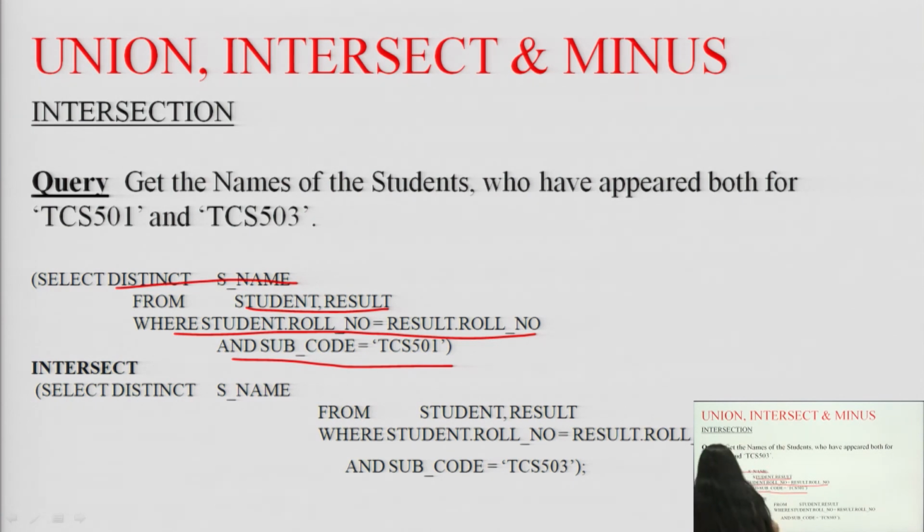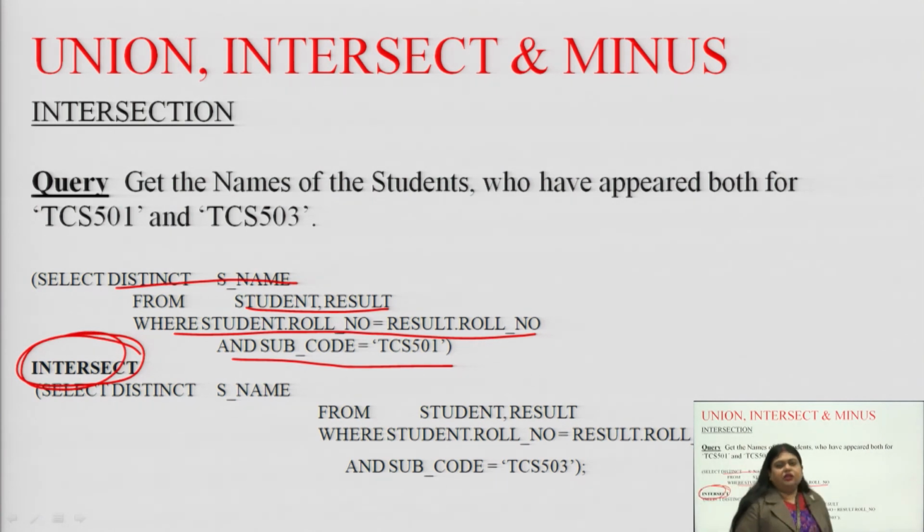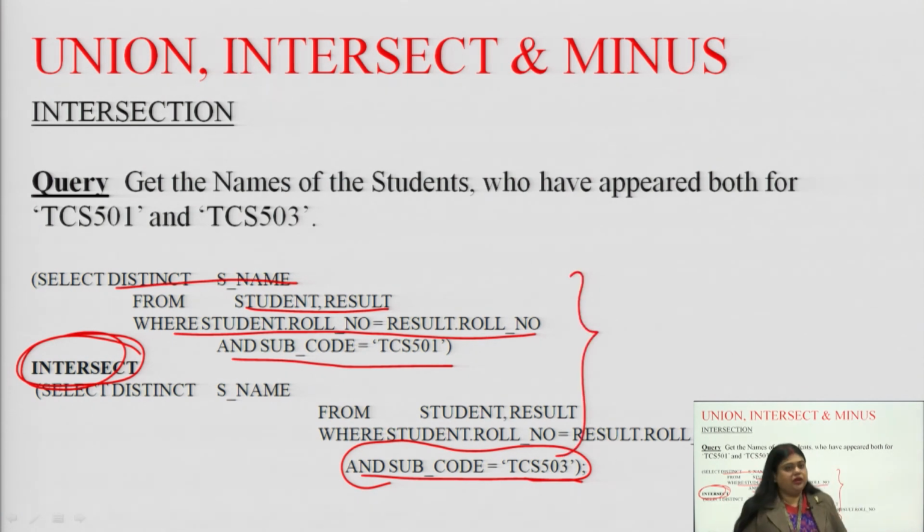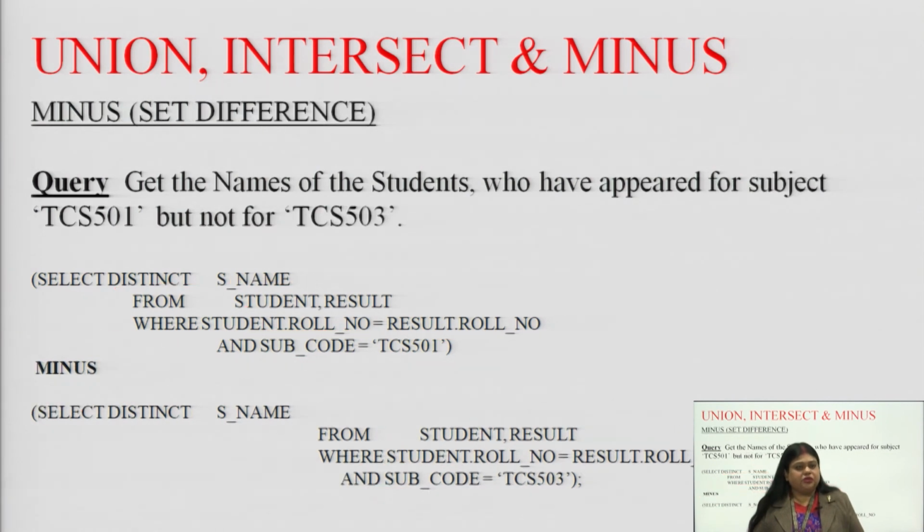And this is where the change comes. In the last query we used union, over here we are using intersect, and in the same way we have found the students who have appeared for TCS 503 also. So, we are going to get those students who have appeared for both the papers.